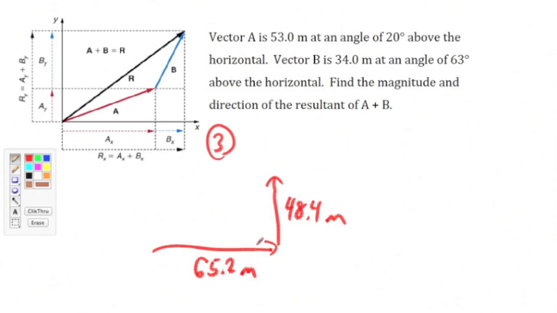As long as I know my directions, 65.2 to the right, 48.4 up, I know that these are perpendicular to each other. The resulting vector of these will be the Pythagorean hypotenuse.